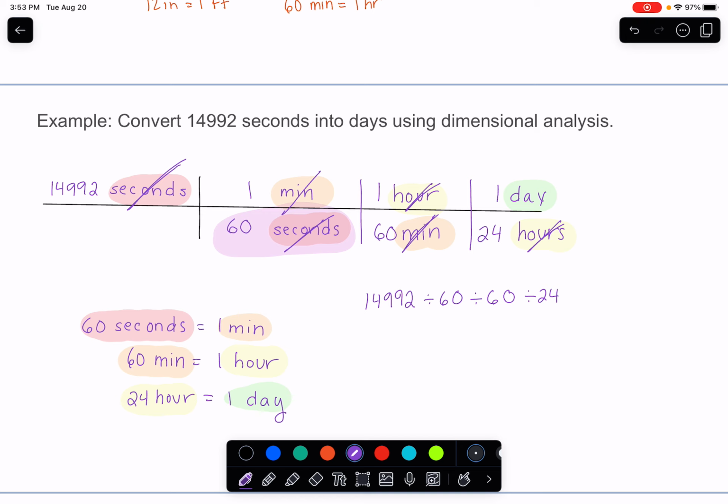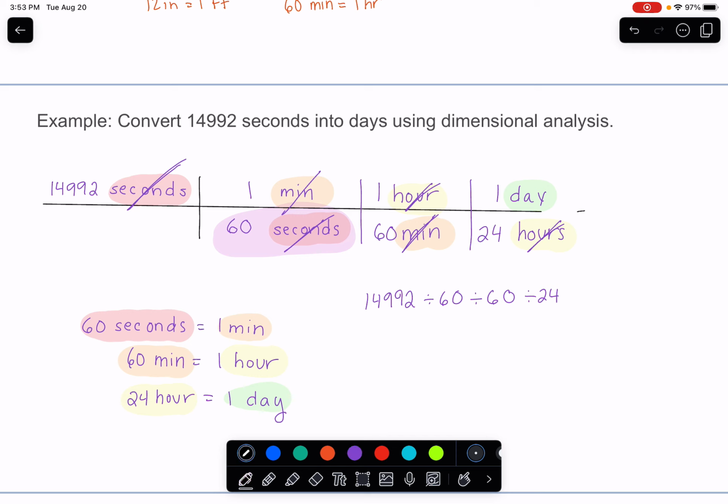Anytime there is a 1 on either side of a conversion factor, like the 1 minute, 1 hour, 1 day, you can ignore that because whether you are multiplying by 1 or dividing by 1, it's not actually going to change your answer.